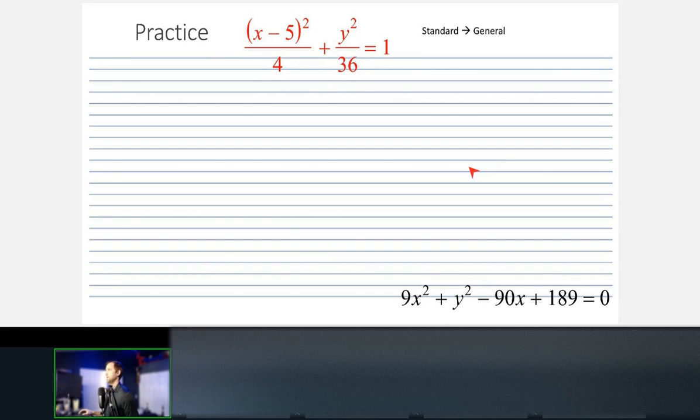Okay. All right. So for this one, do not make the mistake of multiplying this problem by whatever 4 times 36 is. So do not multiply this entire thing by whatever 4 times 36. If you do it that way, it will be wrong. You have to find your lowest common denominator, or your lowest common multiple.